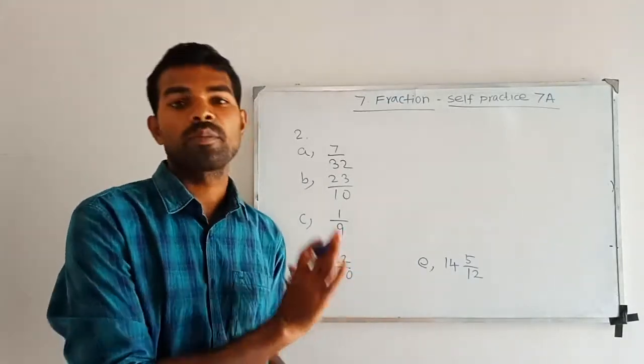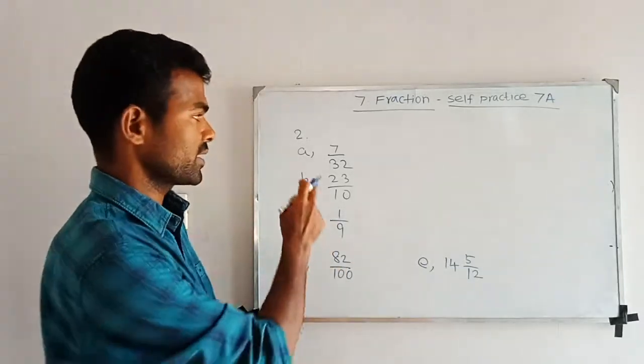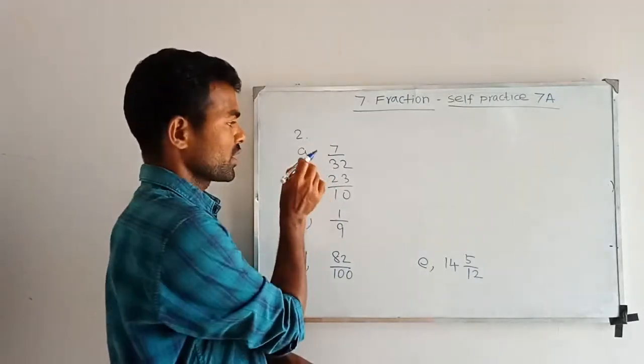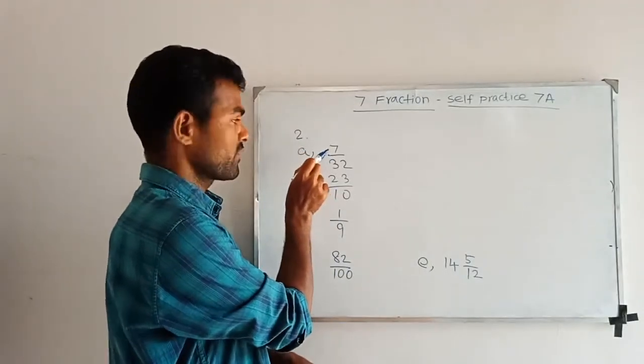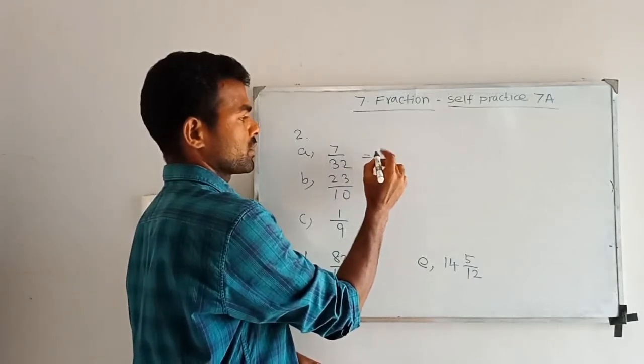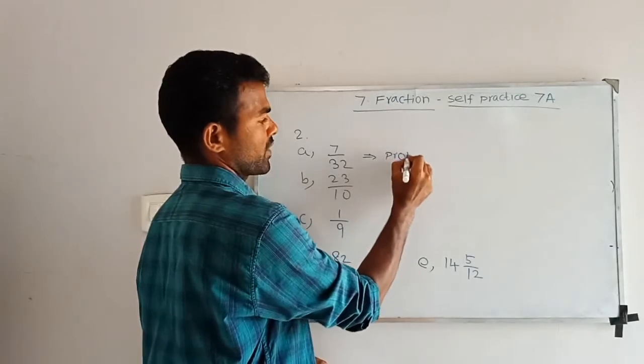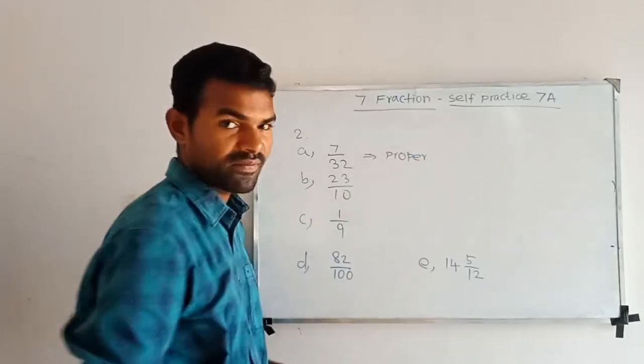We have studied types of fraction. So what type of fraction is this? Here see that in 7 by 32 the numerator is small. If the numerator is small, that is what fraction? This is a proper fraction.